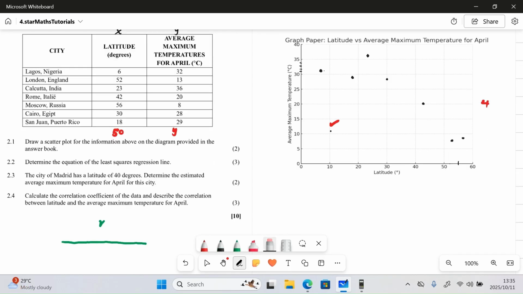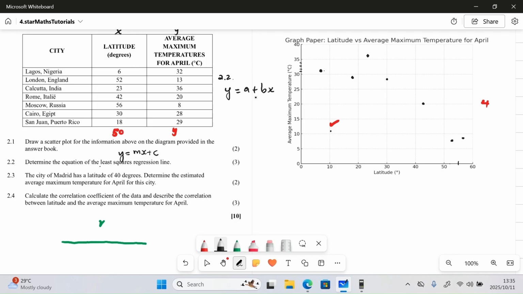The next question, 2.2, says determine the equation of the least square regression line. We know that the equation of any line is y equals mx plus c. But because we are doing statistics, we're given the formula: y equals a plus bx.